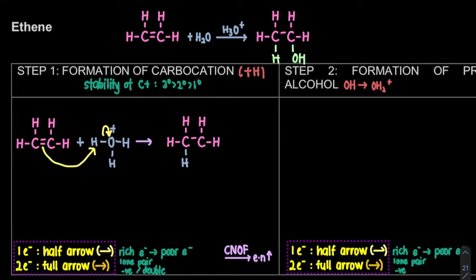So what happens to this carbon here? This carbon donated the electron, so it becomes a positive ion, the formation of a carbocation. Next, what happens to our H3O+? Since the oxygen accepts the electron, the oxygen should become negative, but the positive and negative cancel out, so the product will be plus H2O.